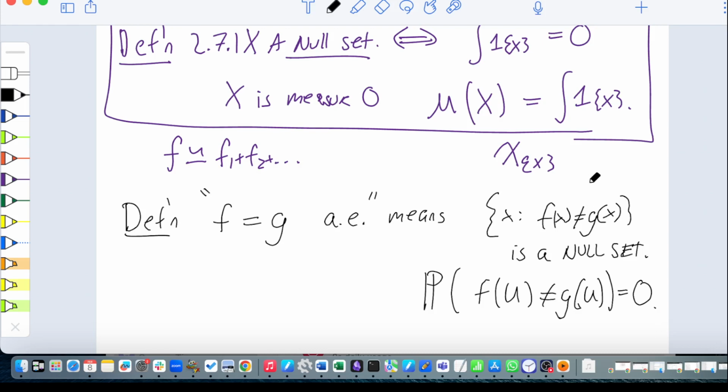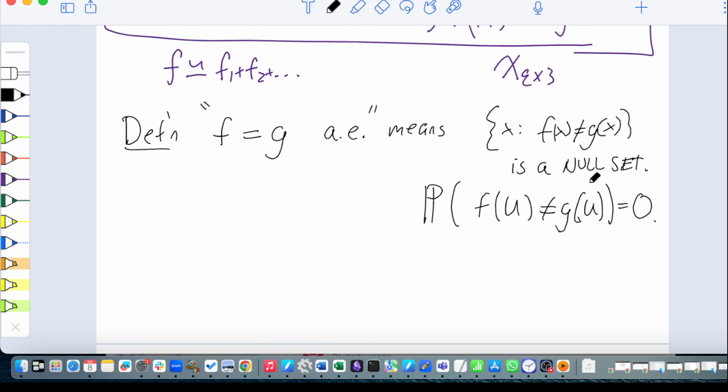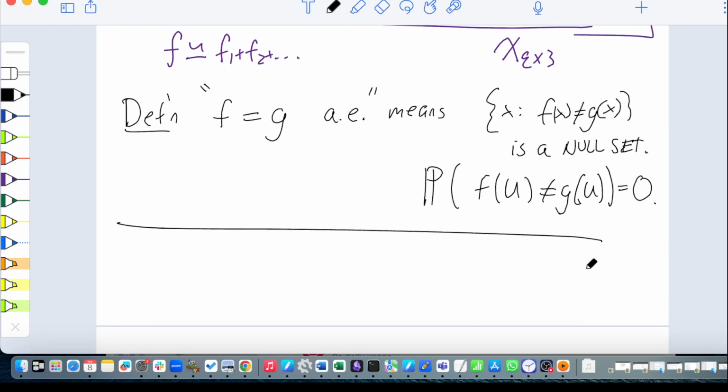Those are null sets. Here is a cool fact about null sets that has a very interesting proof in the book, theorem 2.7.2: any subset of a null set is still a null set. It's a very reasonable theorem.